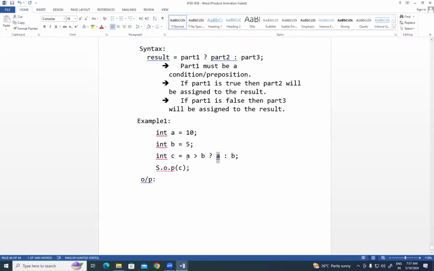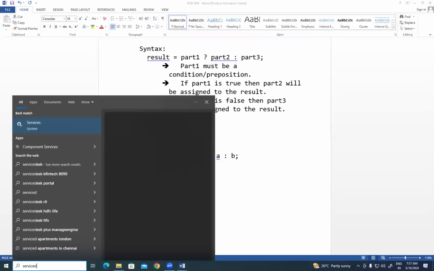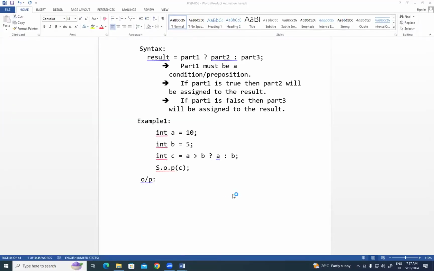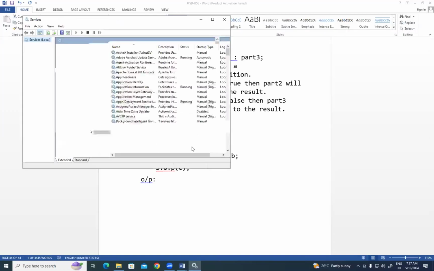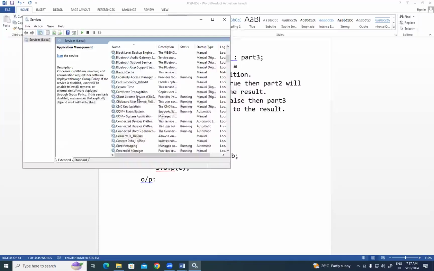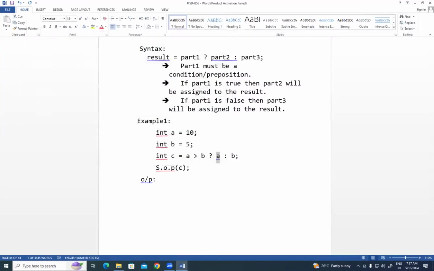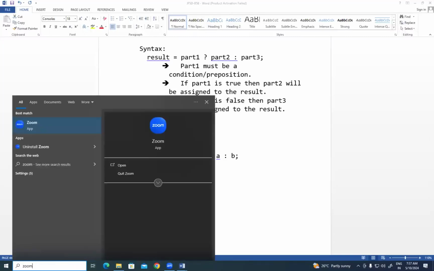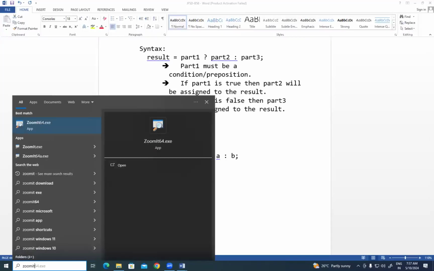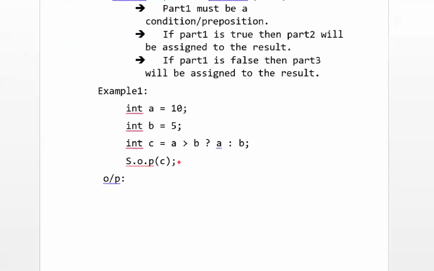A. First of all, what is the value of A and what's the value of B?